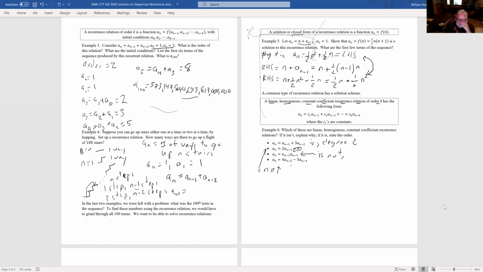And this one is of order 4, because we go down to n minus 4, so that tells me what the order is. So 4a_{n-2} minus 3a_{n-4}, that's perfectly good because I've got a constant times an a_n term minus a constant times an a_n term. Not allowed to multiply a_n terms, not allowed to have n all by itself.